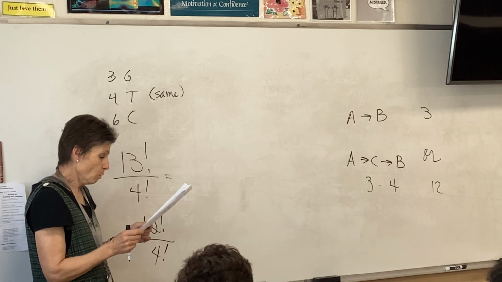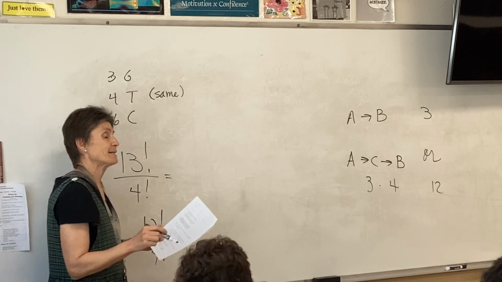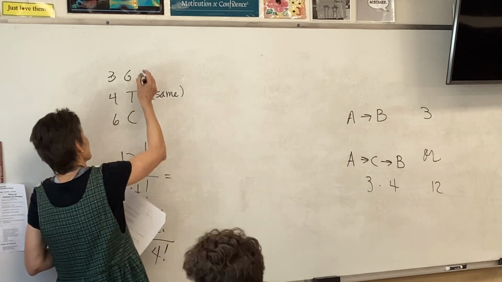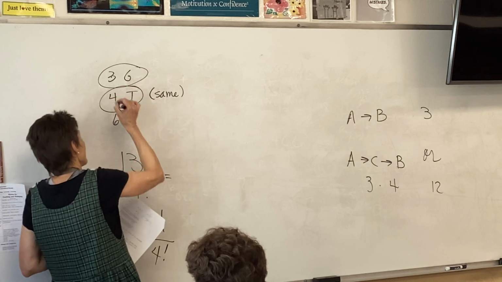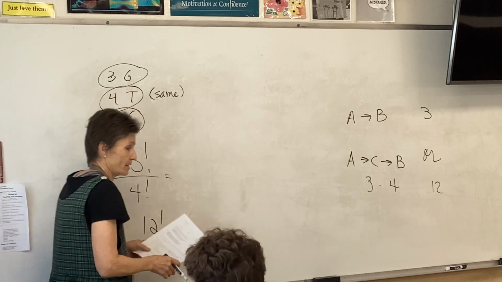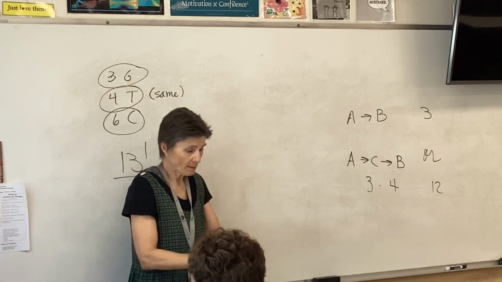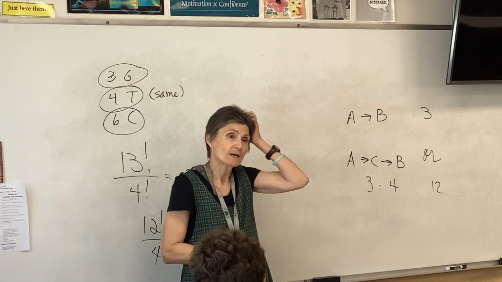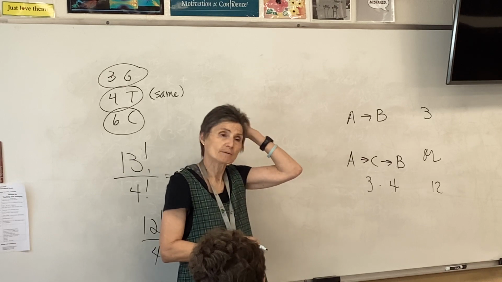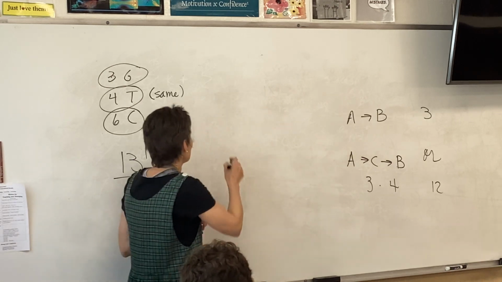In a row with the books of each kind together. So what that means is all the geometries are in a cluster, the trigs are in a cluster, and the calculus are in a cluster. And I'm going down to my bookshelf, and I'm going to put these clusters on the bookshelf. How many things am I really arranging then? 3. So I start with 3 factorial.